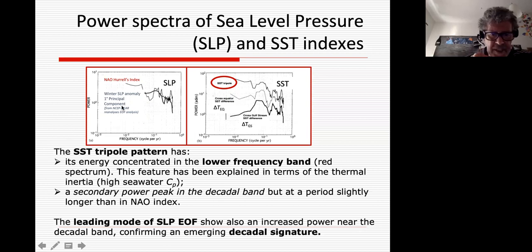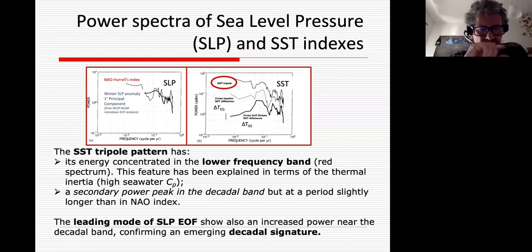And you see that the energy in this curve for the NAO is located at lower frequency, while the sea level pressure here is smoother and we don't have enough data for very low frequency.